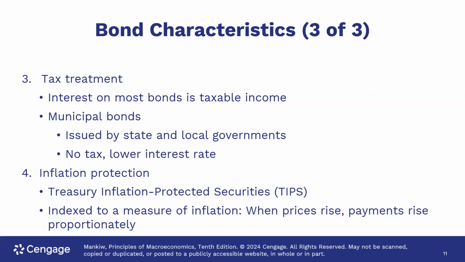A higher credit risk means a higher interest rate required. Third is tax treatment, and fourth is inflation protection. This is the bond market, and in essence, the bond is an IOU. Whenever one party owes the other party something, you can consider that a form of bond.